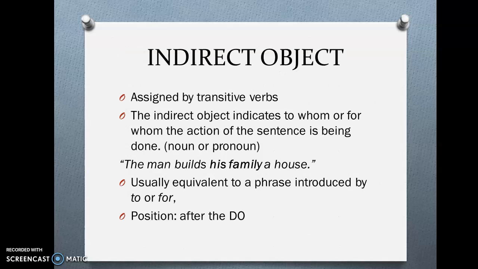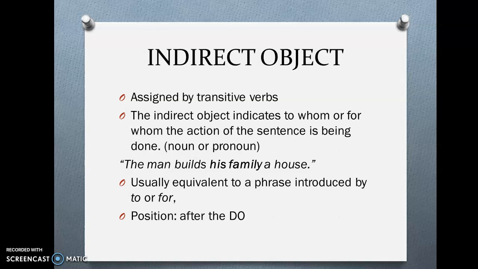Indirect objects, well, they indicate to whom or for whom the action of the sentence is being done. So they are the indirect receivers of this action. Take a look at, for instance, this example. The man builds his family a house.